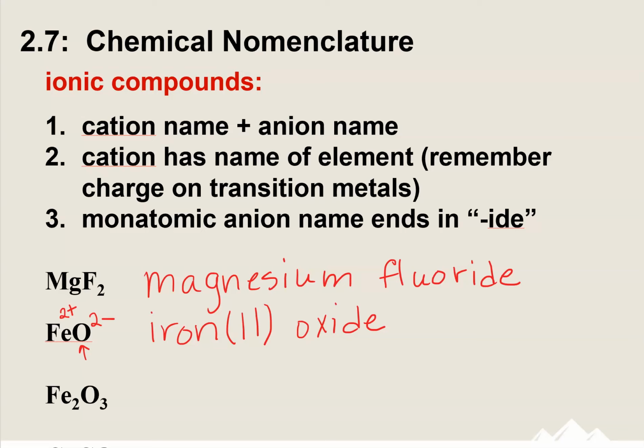All right, for the next one, pause the video and write the name. So again, it's a compound of iron and oxygen, but what iron ion is it this time?